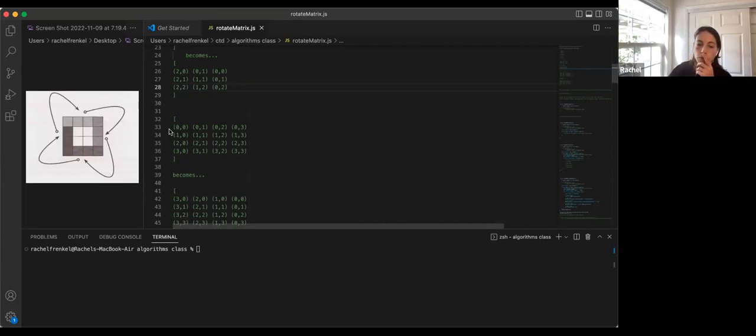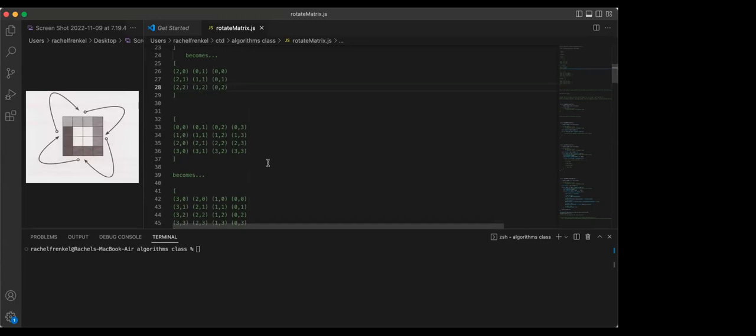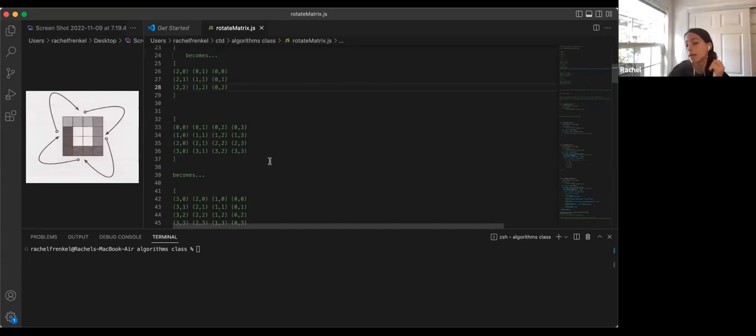Or like when we are swapping these things. So the column number becomes the row number. Yeah, so depending on what we're switching. But it can, yeah.